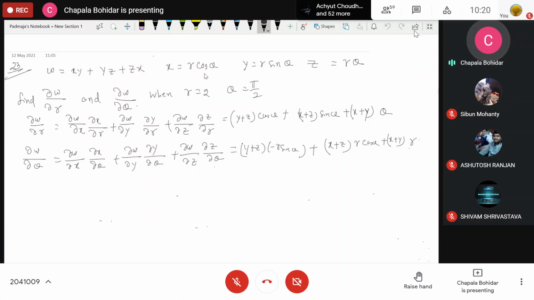Put the values of x, y, z here, then by substituting r is equal to 2, theta is equal to pi by 2, tell me the result. That part is your duty, do it yourself.